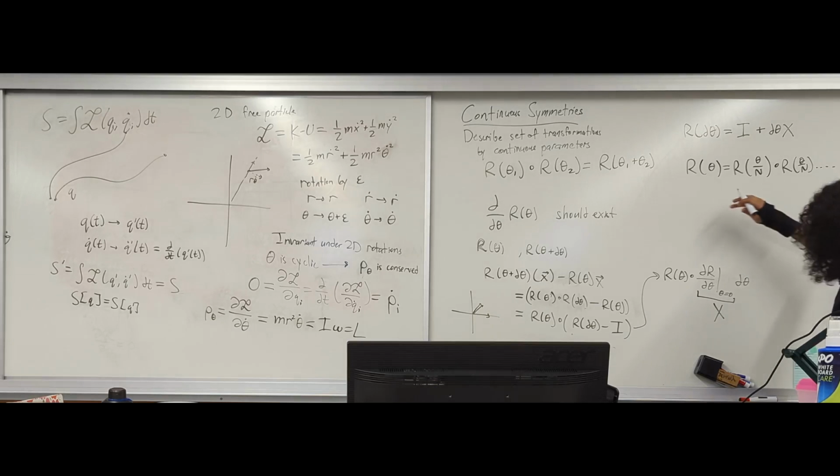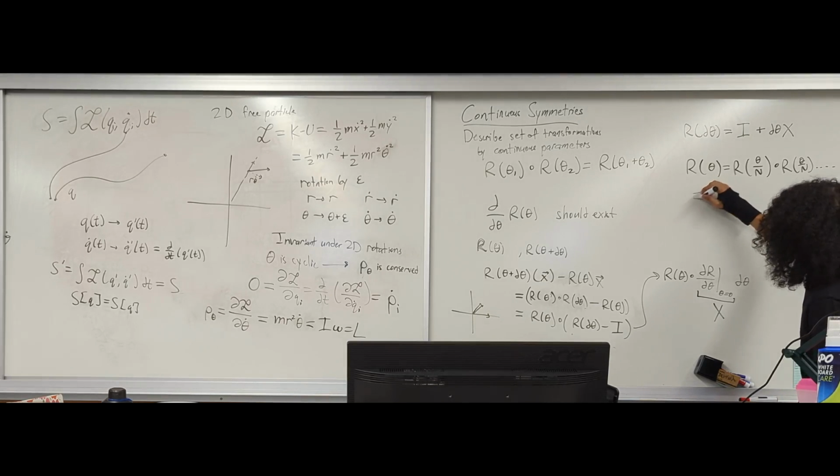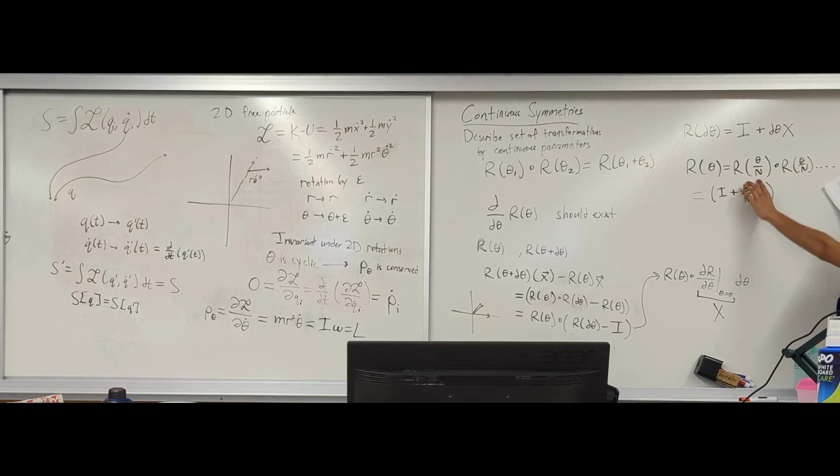Okay, so back to this. Then each of these would be like this. That would be this, because this d theta is theta over n. And we do that n times, so raising it to the nth power.